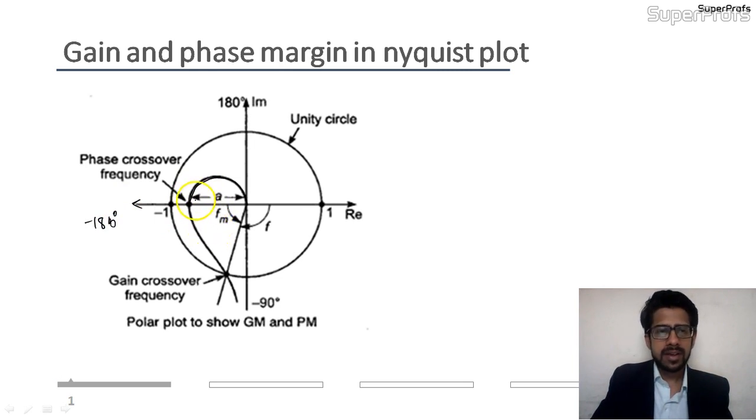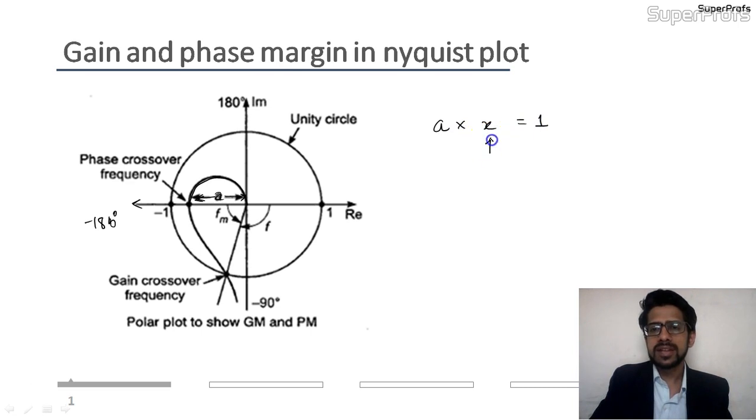I can calculate gain margin and phase margin as follows. I can calculate this small a by the knowledge of phase crossover frequency. So I know a. Now I just want to multiply this a with x, so that a multiplied by some value x is equal to 1.